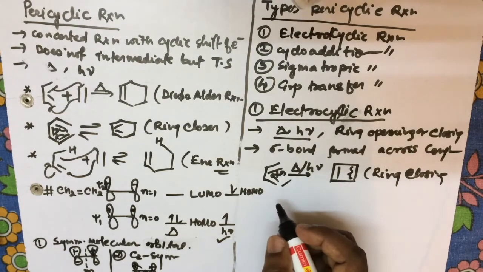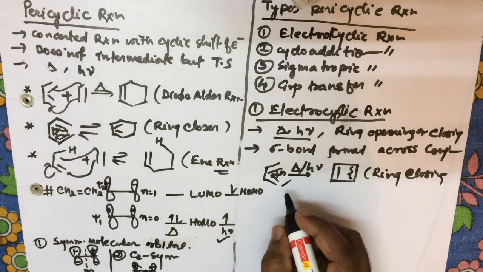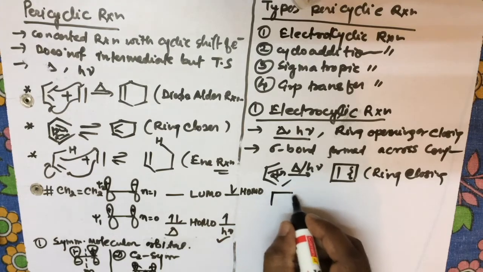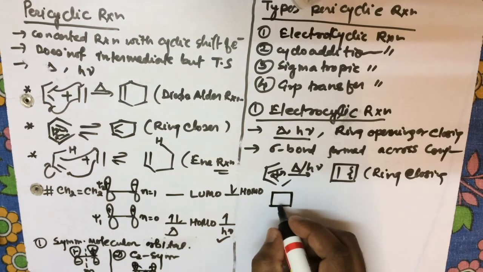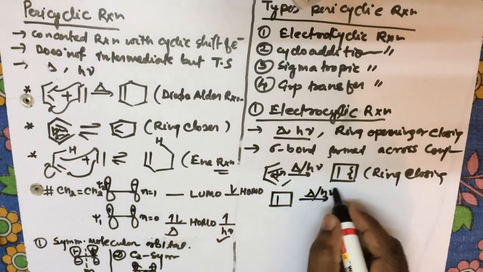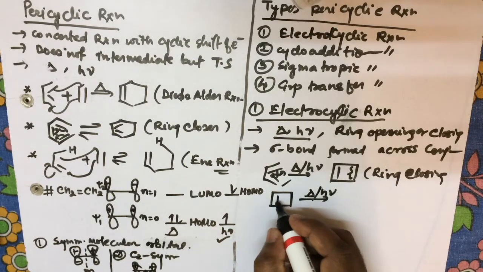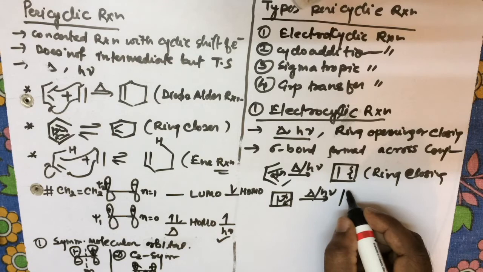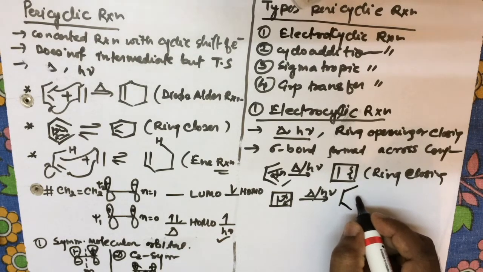Okay, so now if you see the ring opening, so here it is under light condition. So if we break like this, it will form like that.